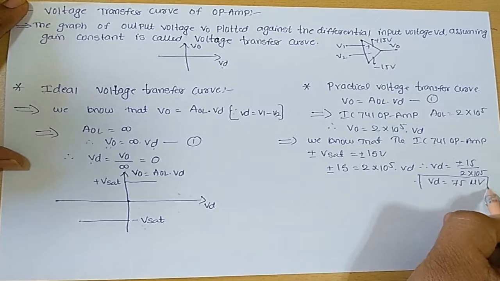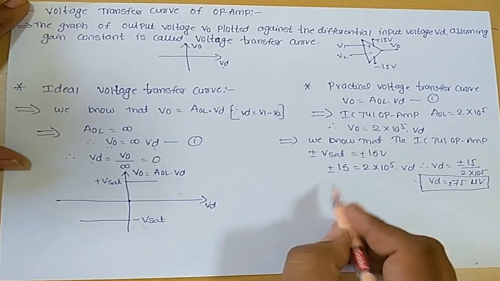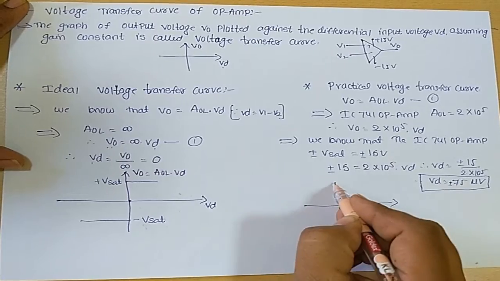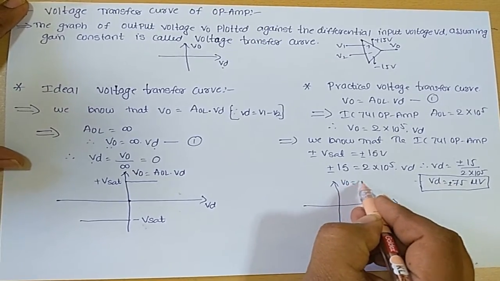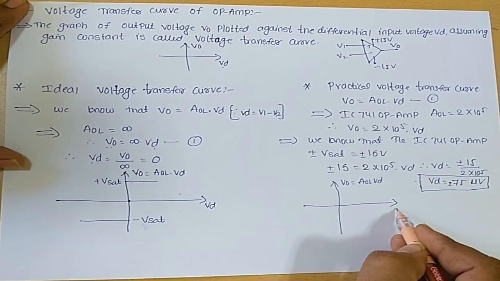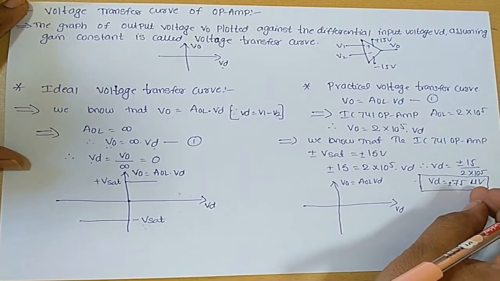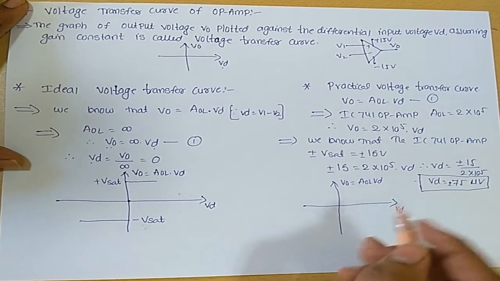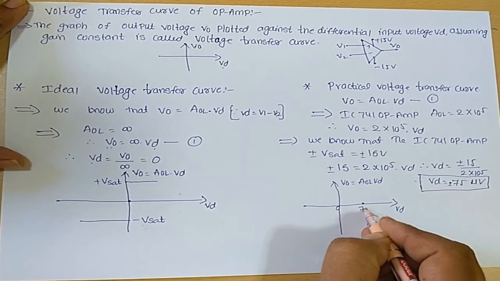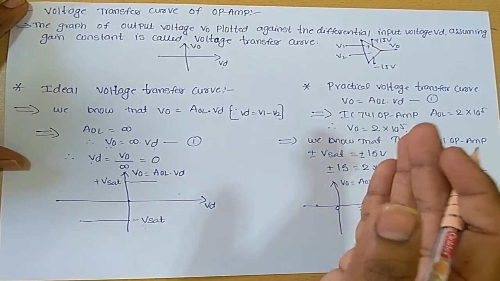With respect to this equation, we conclude some important points. Here we can also mention the plus or minus. Now we draw this voltage transfer curve. On the y-axis we consider the output voltage equal to AOL into Vd, and on the x-axis we consider the input voltage Vd. Clear? With respect to this plus or minus 75 microvolts, we conclude that the differential voltage varies from 0 to plus or minus 75 microvolts. This operational amplifier provides the linear region.